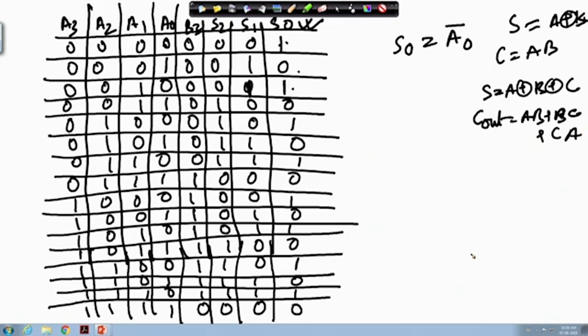This is the corresponding logic for the full adder circuit.